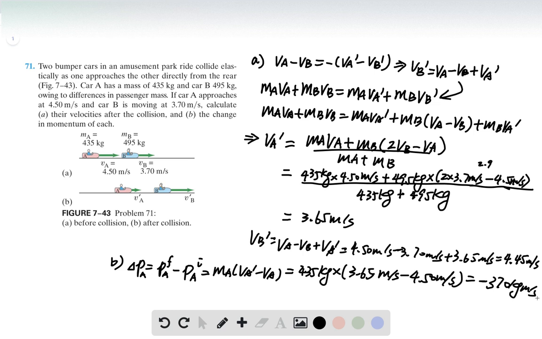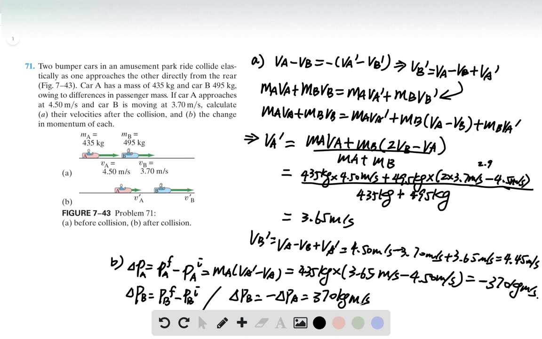We can calculate B the same way, using the mass of B and the velocity of B before and after the collision. Or we can just say delta PB equals negative delta PA, equals 370 kilogram meters per second, because the momentum is conserved, so the change of the momentum for A and B must be equal and opposite.